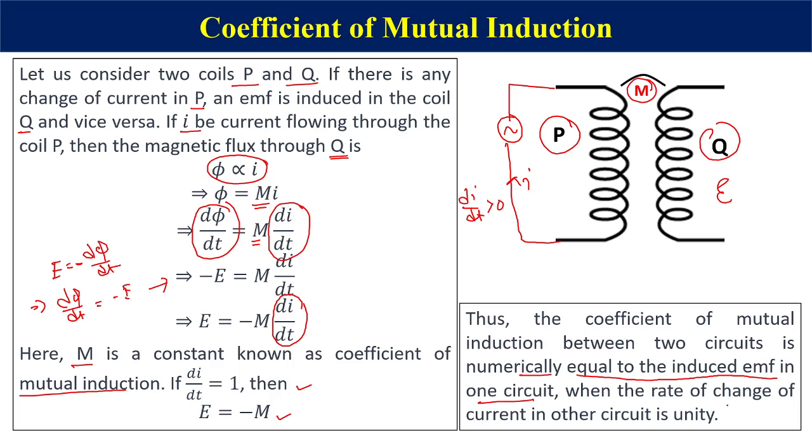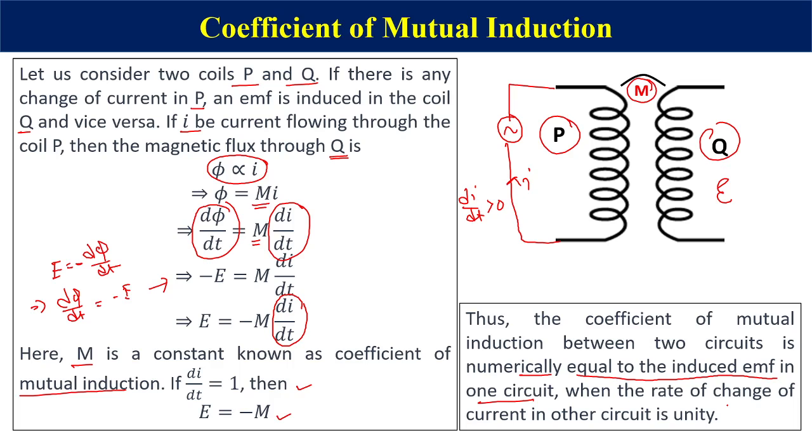Remember, in self-induction we also got a similar relationship, E equal to minus L di/dt. In that case also, if di/dt equals 1, then E is equal to minus L, but there we were talking about only a single circuit, whereas here we are talking about two different circuits. So the definition changes a bit: the coefficient of mutual induction is numerically equal to the EMF induced in one circuit when the rate of change of current in another circuit is unity.